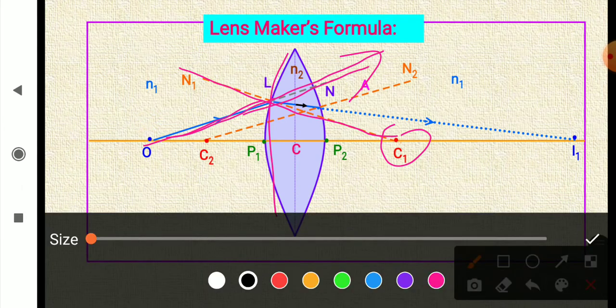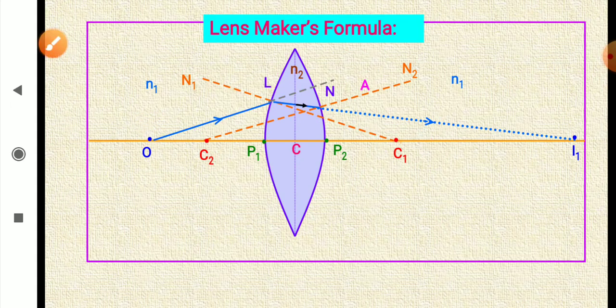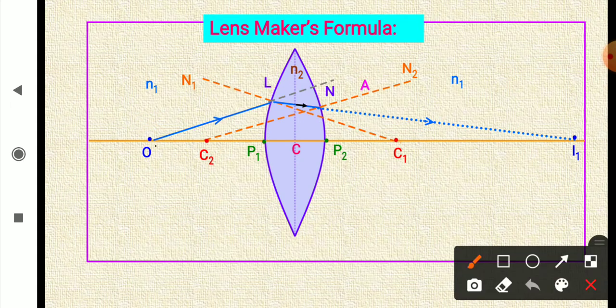And the original path of the ray is this one, and light in denser medium bends towards the normal. So the path followed by the light in the denser medium will be along this direction towards the normal. So you can see that light is traveling here. The original path is this one, but it is bending towards the normal following this path.